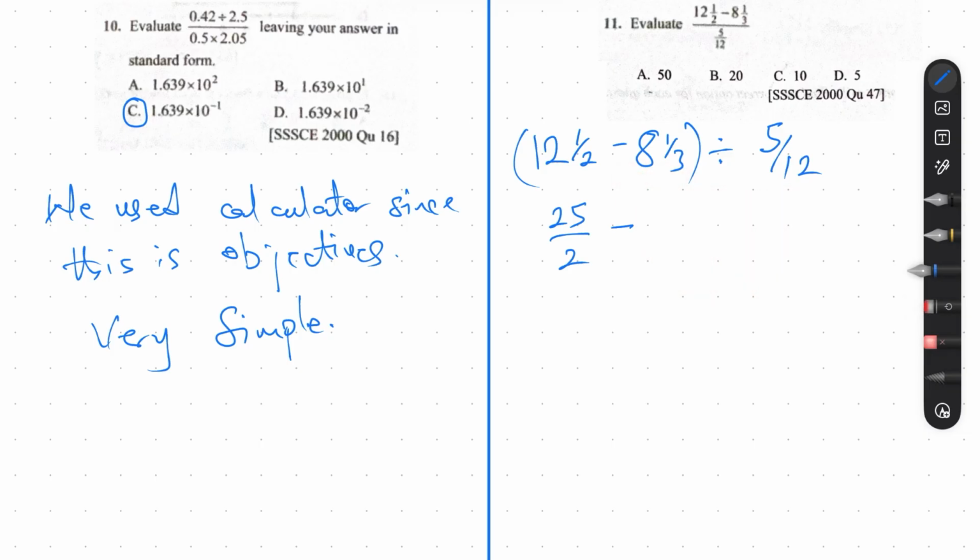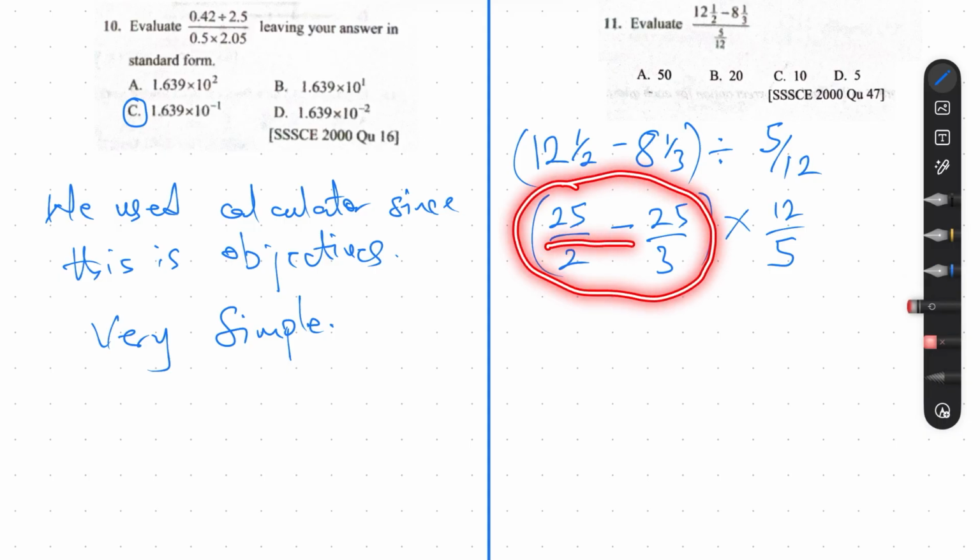So let's write down: we have 25/2 minus 25/3. Then we need to change this division sign into multiplication, then we have 12/5, right? So we have times 12/5. All right, let's move on. Here we need to find the LCM.